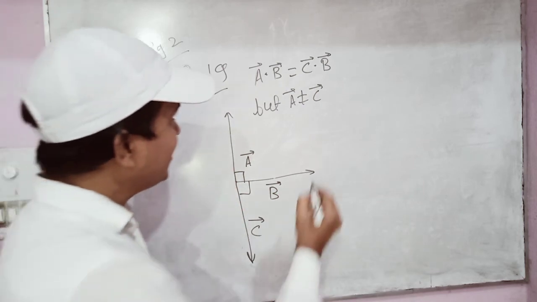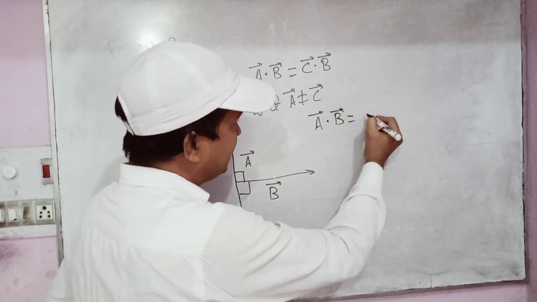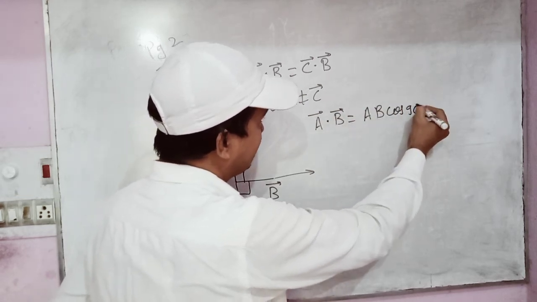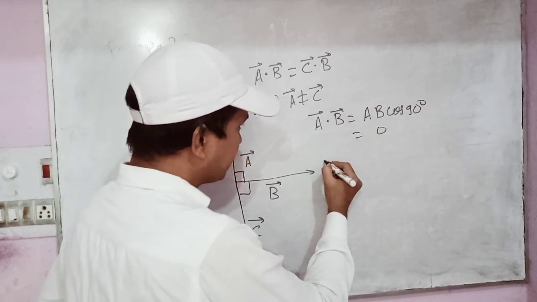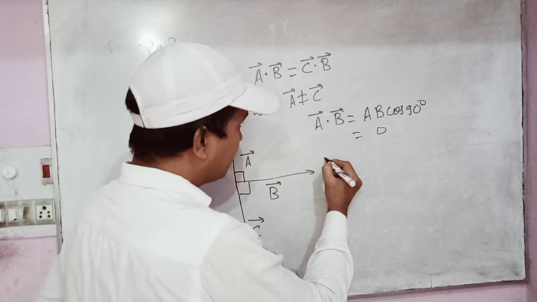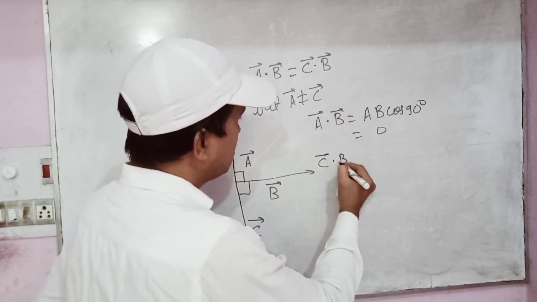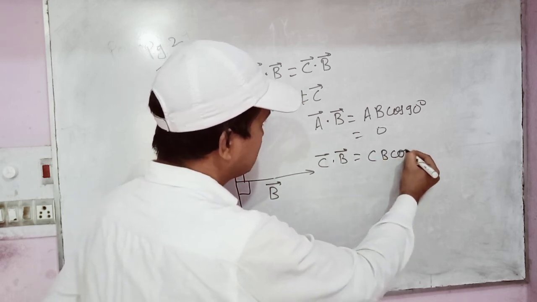So if we calculate vector A dot B, it is magnitude of A, magnitude of B, and cos 90 degrees, which is equal to 0. If we compute vector C dot B, it is equal to magnitude of C, magnitude of B, and cos 90 degrees.